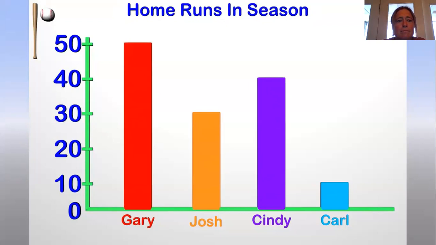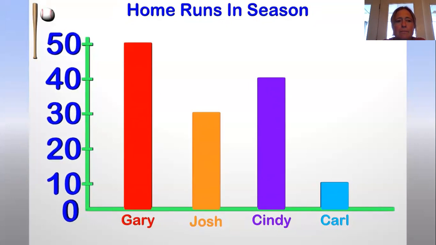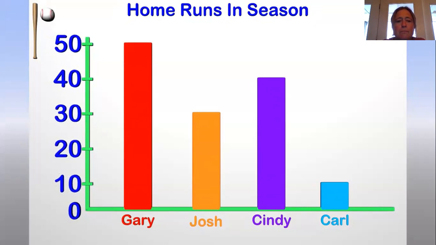The title tells us the data shows how many home runs were made that season. If we look at the bottom of the bar graph, we have some of the baseball players listed. On the left side, we have the number of home runs going from 0 up to 50. The numbers are in increments of 10, so we are counting by 10. Using this bar graph, we can see the first kid, Gary, had 50 home runs. Josh had 30, Cindy had 40, and Carl had 10.